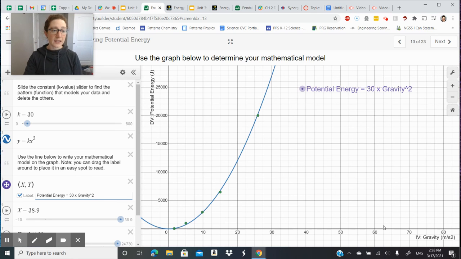Step 3 is find the line of best fit using this toggle switch. Step 4 is delete the other lines, the other colors that don't match. And then step 5 is write your mathematical expression, or your mathematical model. Congratulations, you've just graphed your data.